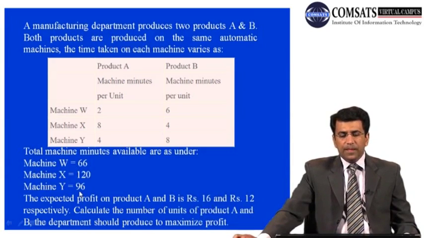Again, if the operations manager knows that if we sell 1 unit of product A, we can get a profit of 16 rupees, and if we sell 1 unit of product B, we can have a profit of 12 rupees. So again, we are interested in finding the optimum combination of the number of units for product A and product B, which can maximize our profit.